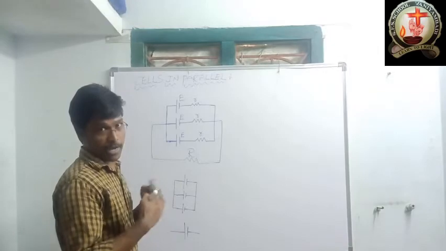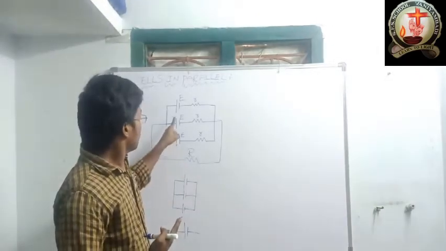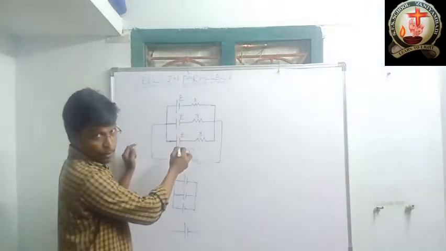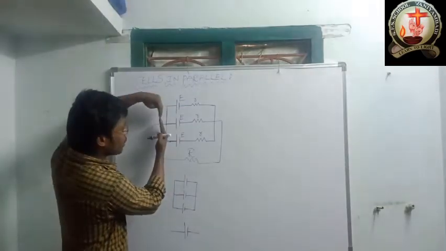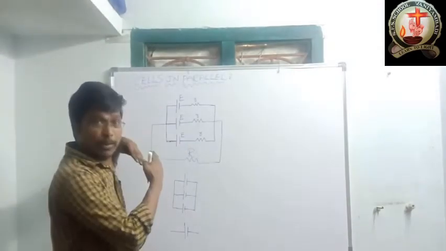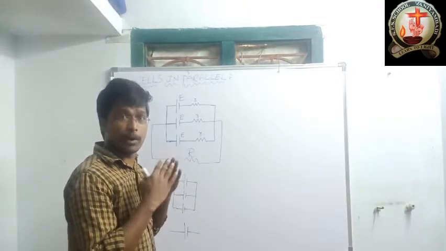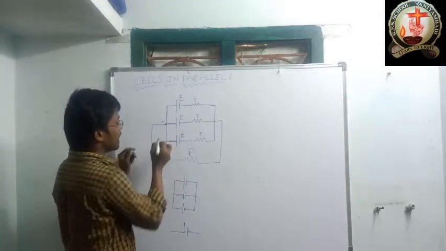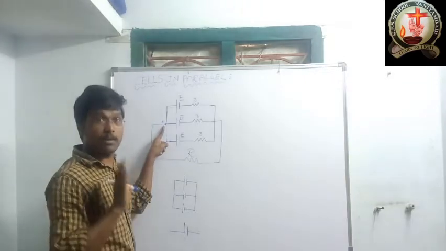So why I am explaining like this: this is the positive terminal, this is the positive terminal, and this is the positive terminal. The combination of these 3 positive terminals acts as the positive terminal of the battery. Suppose this point acts as the positive terminal of the battery.